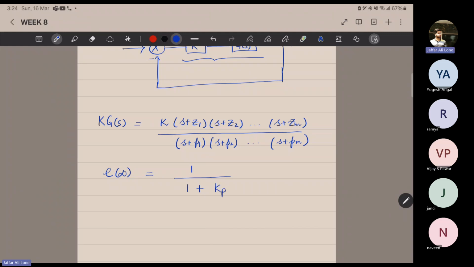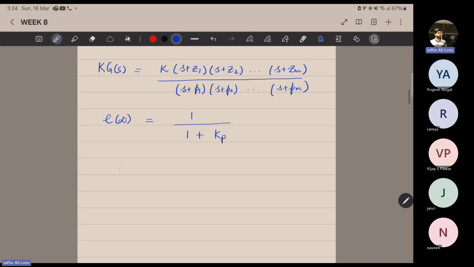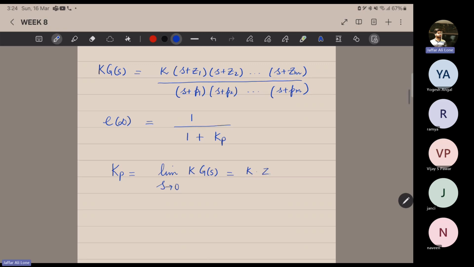What is the value of Kp here? Kp is the limit as s tends to 0 of K G(s), which, if you put s equal to 0, is K into Z1, Z2, and so on up to Zm divided by P1, P2, and so on up to Pm. So this is the steady state error.